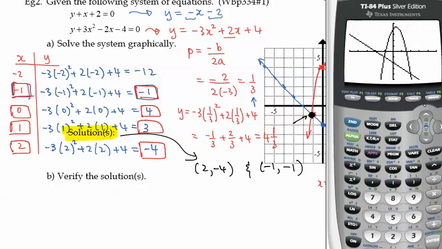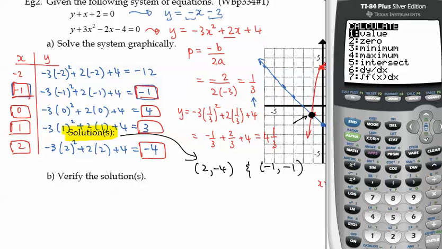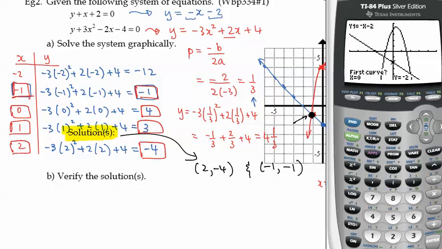Or you can get your calculator to calculate the solution. Second, calc, and find the point where they intersect. Your calculator will give you a few questions.